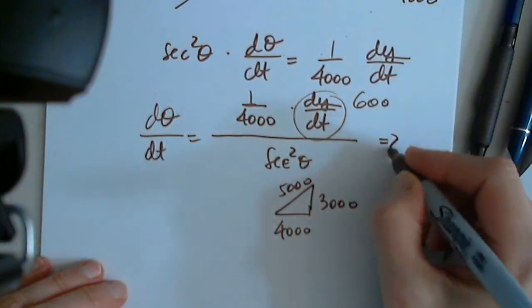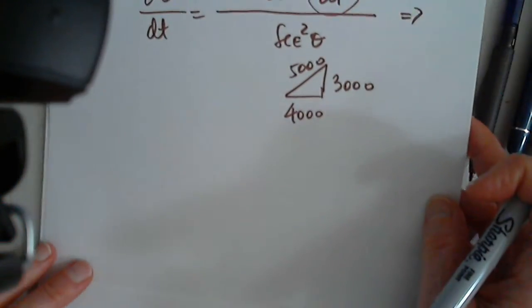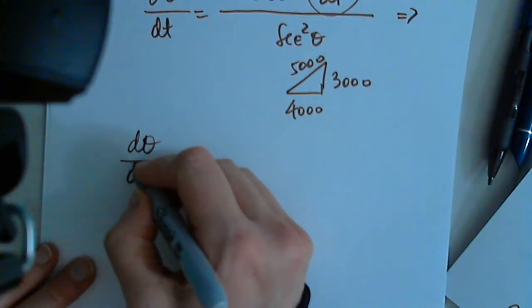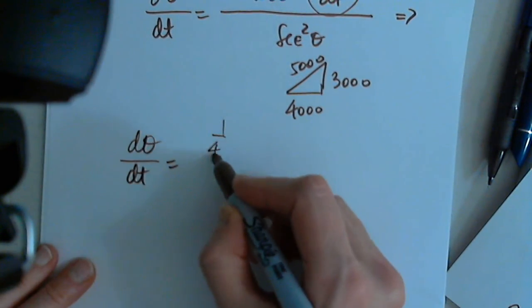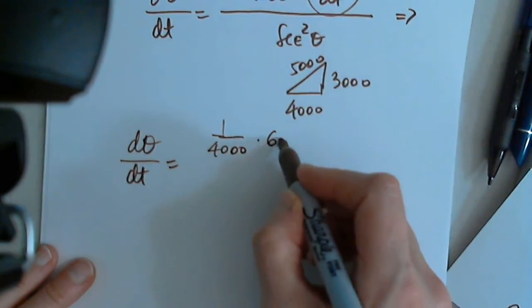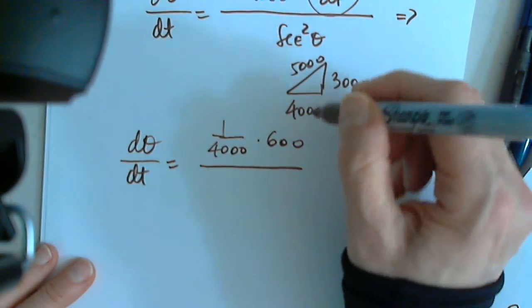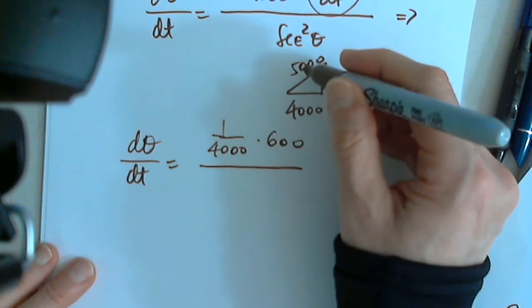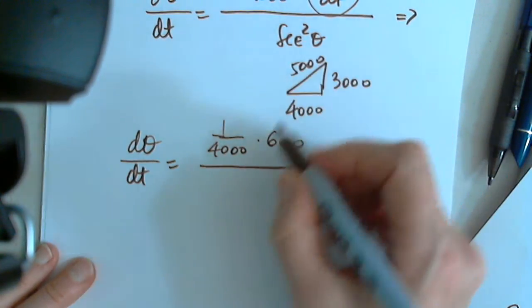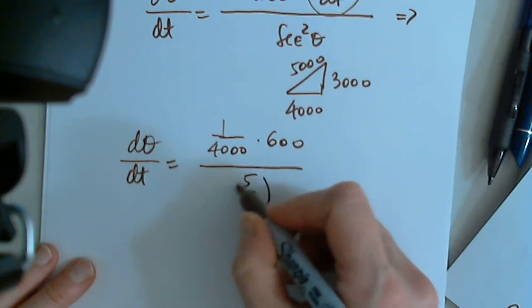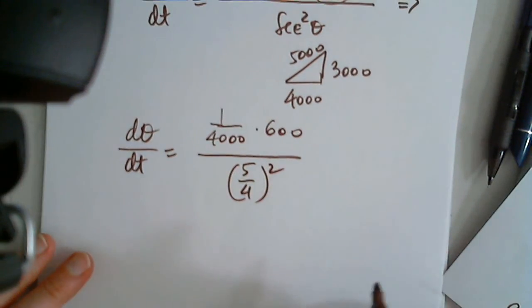Okay, so from here I have d theta over dt equals 1 over 4,000 times 600. And cosine is 4,000 over 5,000 or 4/5, but secant is 5/4, squared.